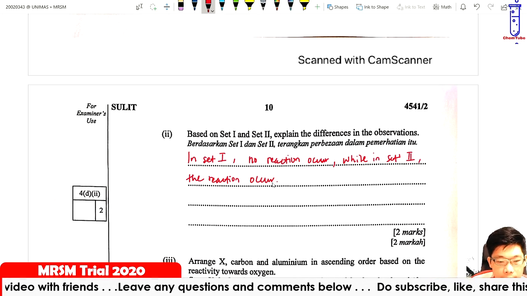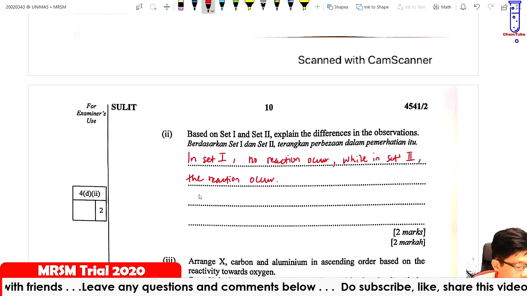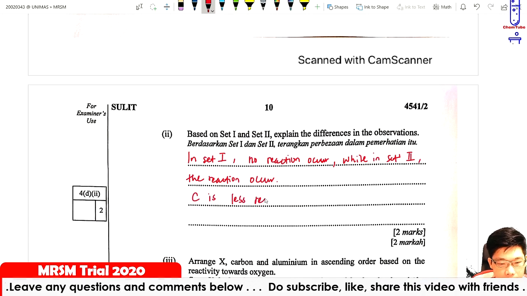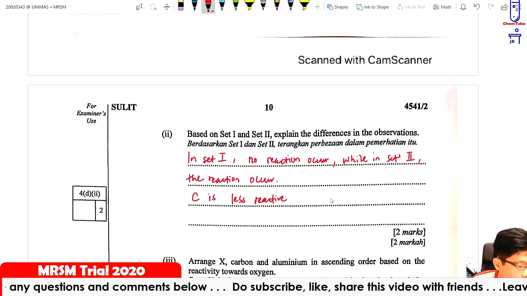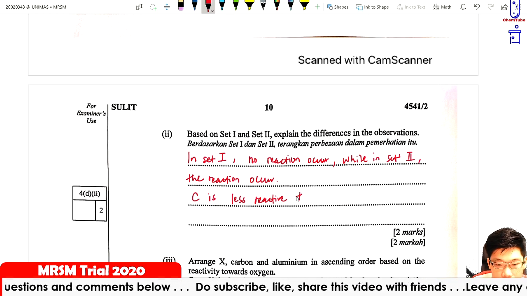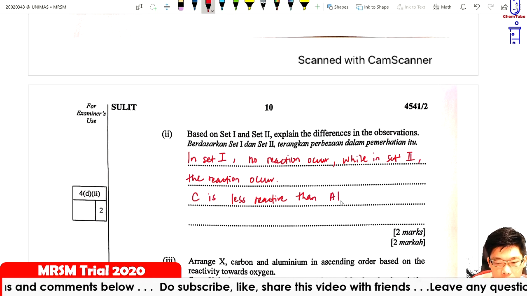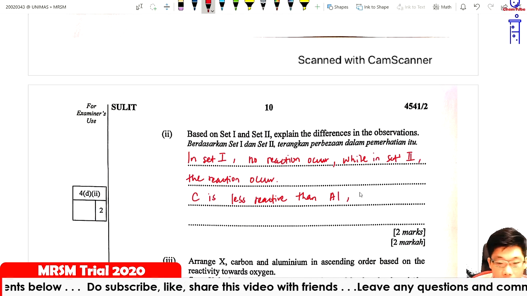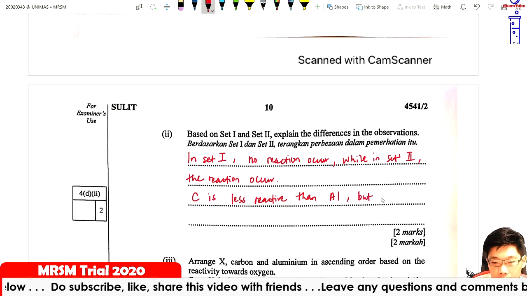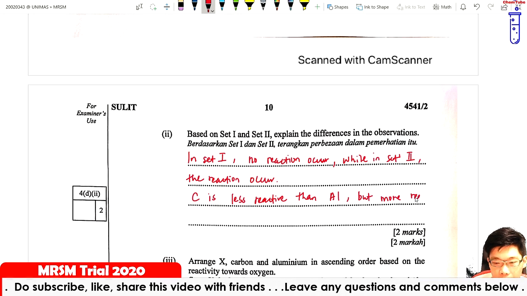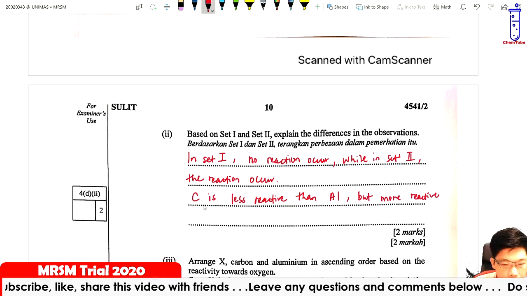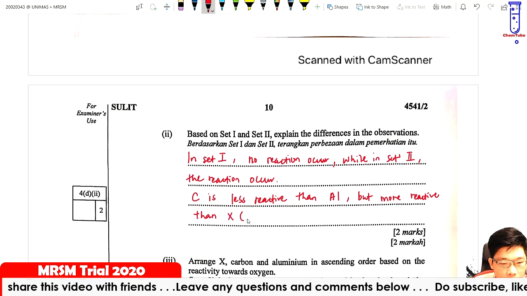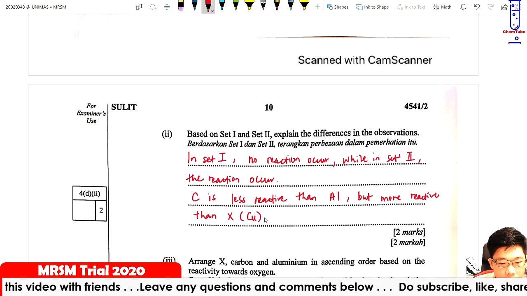So why does this happen? Because carbon is less reactive than aluminium, but more reactive than X, which is copper.